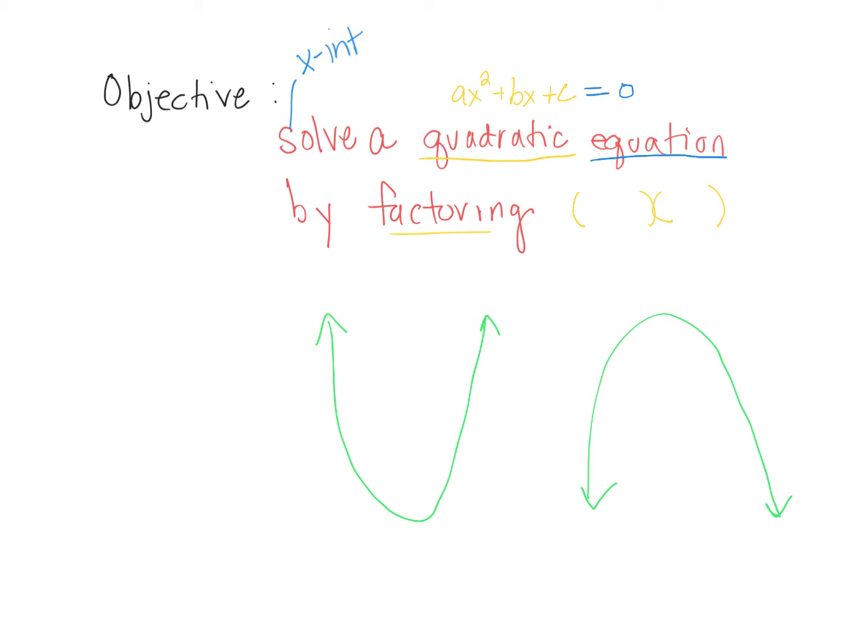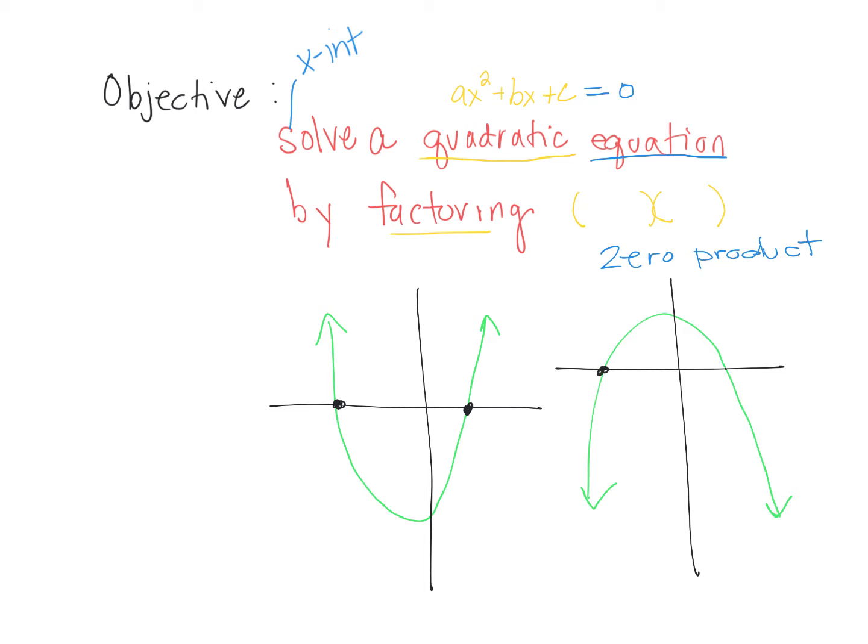And then we know that we use something called the zero product property to help solve that. So we know parts of what these words mean, and today we're going to link them all together to be able to find these solutions or roots or zeros of the quadratic equation that when graphed produces a parabola.